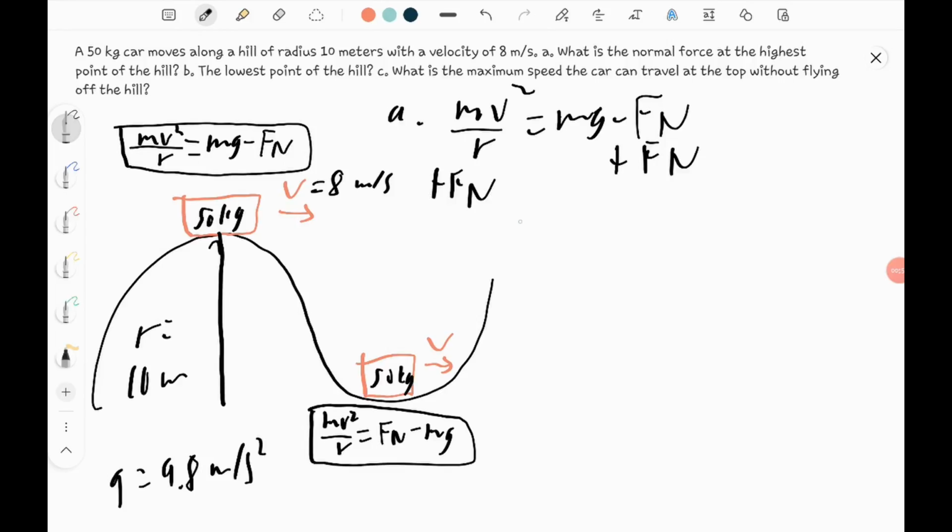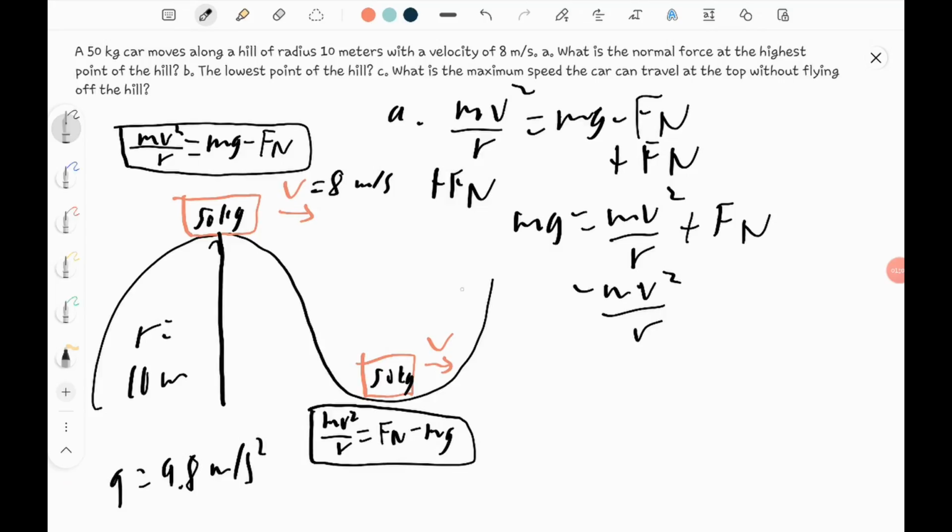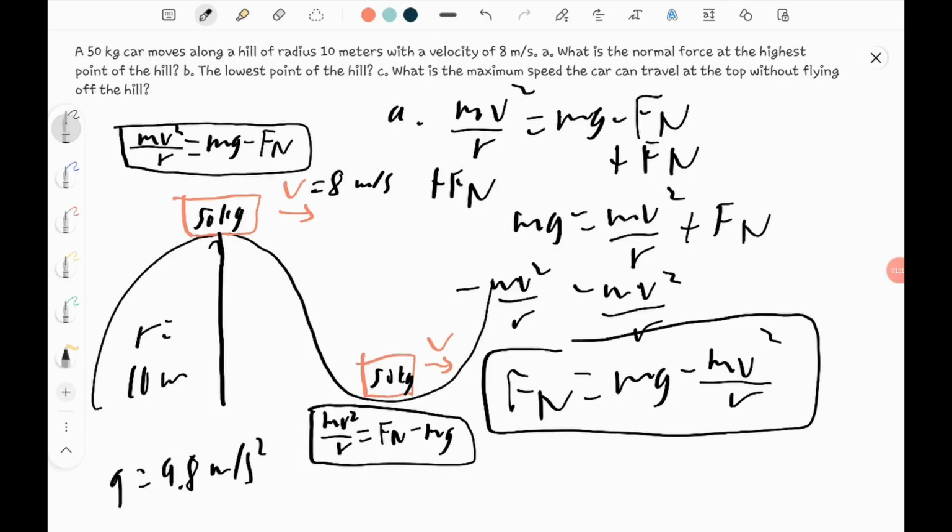So we end up with mg is equal to mv squared over r plus Fn. And now we just need to subtract mv squared over r on both sides. And that gives us that Fn is equal to mg minus mv squared over r. So this is our equation for the normal force.